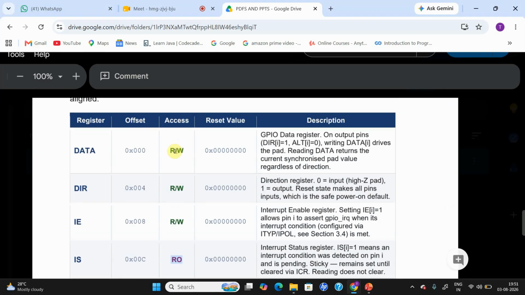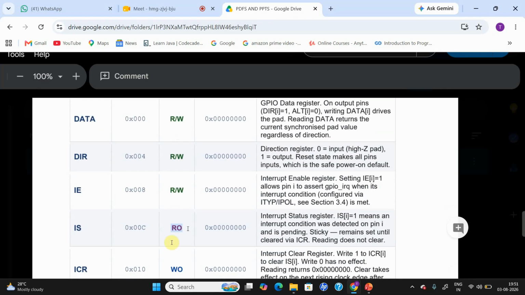For other registers, it was read or write, read or write, read or write. But this interrupt status register is read only because the device is storing the information of exactly which interrupt has been given. So the processor reads this information and comes to know that this particular interrupt has been given.